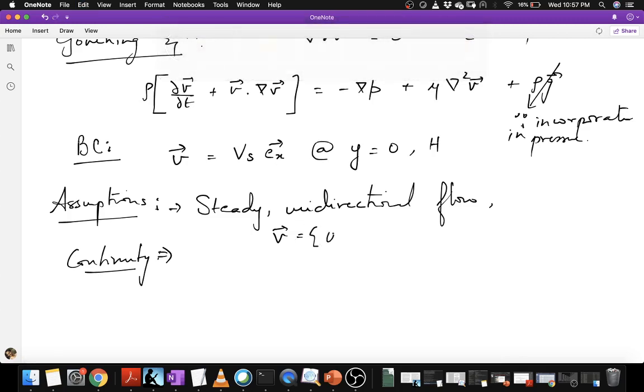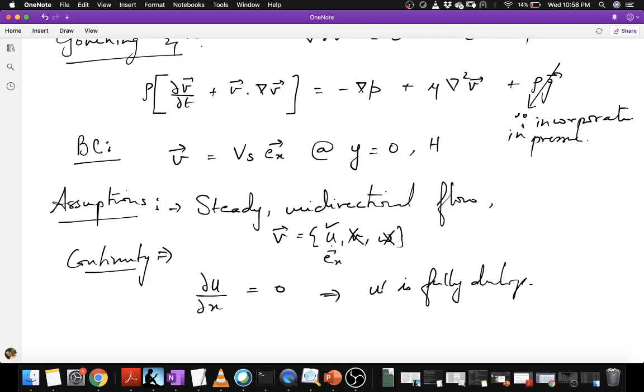My velocity vector is u, v, w. Only u is in the x direction and only this component survives, and these two don't exist because I have unidirectional flow. So the divergence of the velocity becomes simply dou u by dou x equals 0. This I get from continuity. So this implies that u is fully developed.